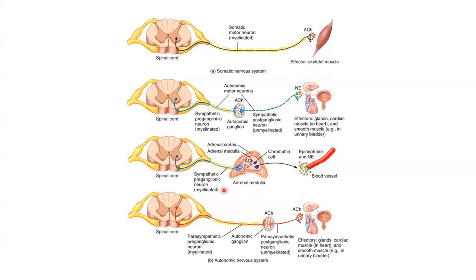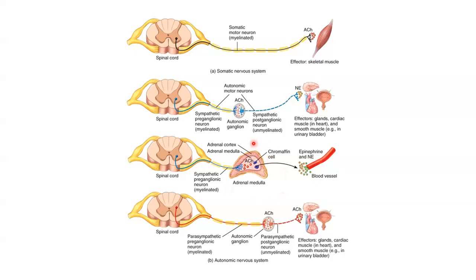Now, in some autonomic motor pathways, so this is one example here, there is actually only one motor neuron, and it extends from the central nervous system out to this specialized cell here, which we call chromaffin cells. Now, these cells sit in the adrenal medulla, which are the endocrine glands that sit on top of each kidney.